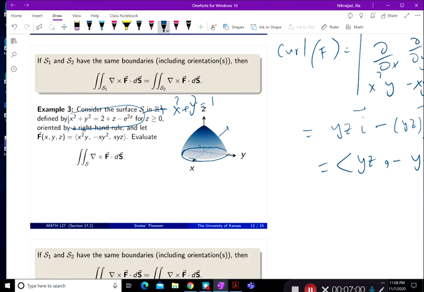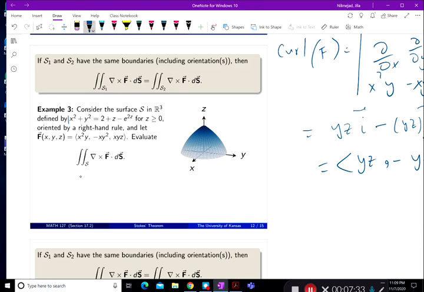So there's a circle x squared plus y squared equal to 1, and so you can imagine a disk down in here: x squared plus y squared less than or equal to 1 and z equal to 0. So use that disk to instead compute the surface integral.